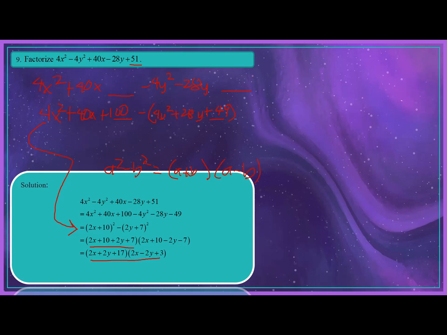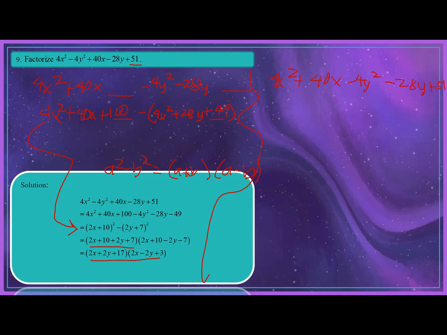For the second solution, you use the quadratic formula. This is a harder part and takes a lot of time, so you need to do this only if you really can't find another way to solve the problem. Here 4x squared and 40x, and everything else would be your c: minus 4y squared minus 28y plus 51.